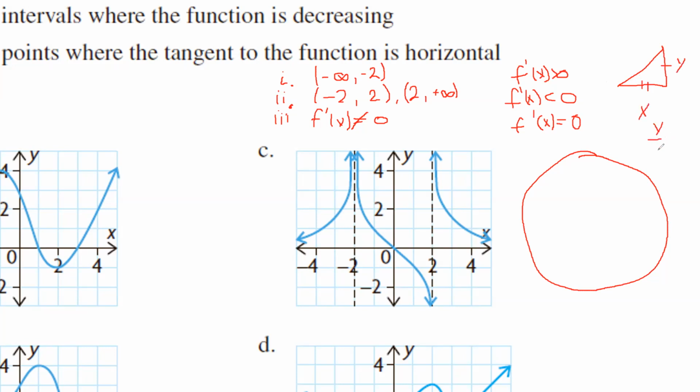And y divided by x is exactly delta y divided by delta x, that's the derivative, that's m, the slope of a tangent line.